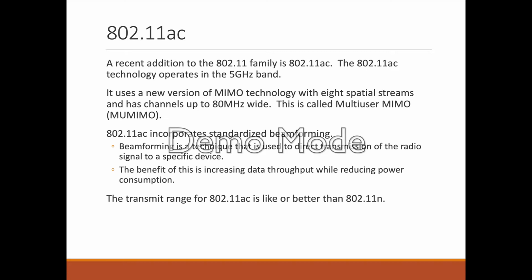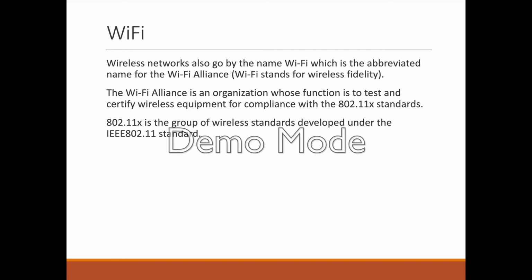And beamforming is a technique that is used to provide a direct transmission versus one that has to hop through certain locations. It has the benefit of increasing data throughput while reducing power consumption. So you're using less power, increasing more data.